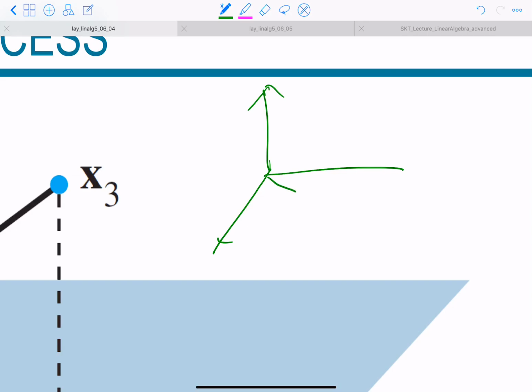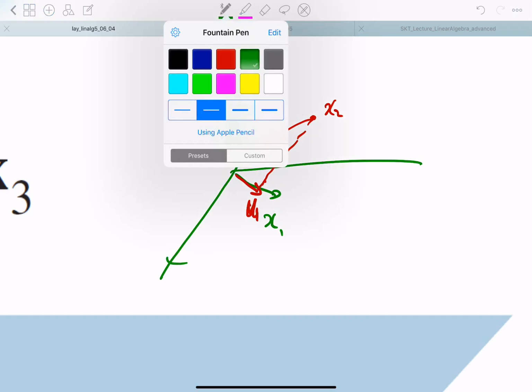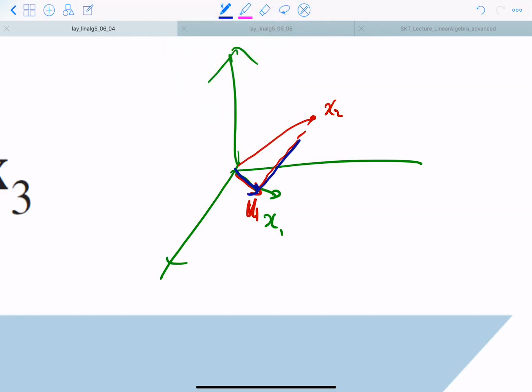Okay, so this is x1, and we just normalize it so that the length becomes 1, v1 for example, or u1. And then maybe this is x2, and we just decompose it into these two parts, this guy and this guy.